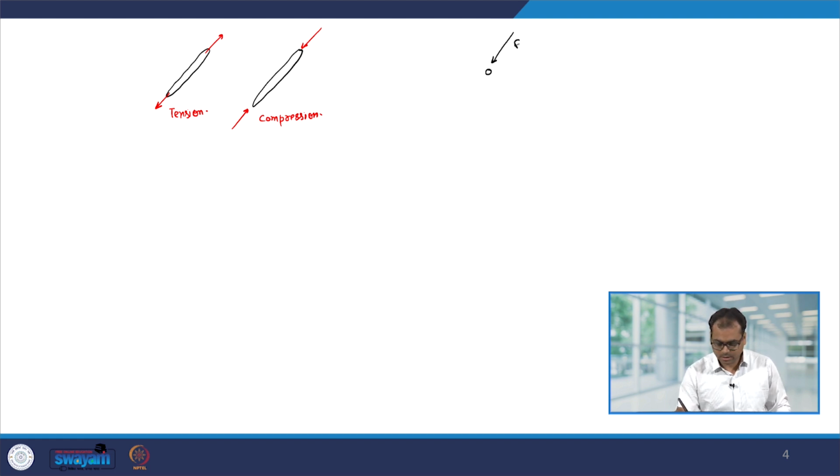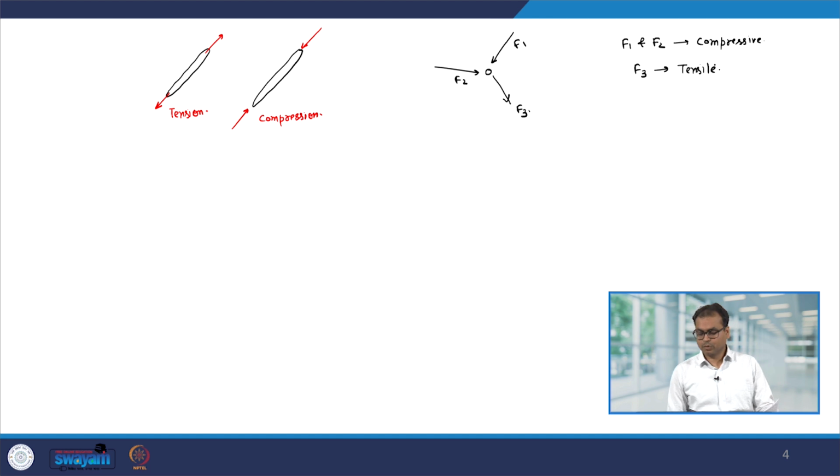Let us say this is force 1, this is force 2 and then I have force 3. Then you can see that forces F1 and F2 are pushing the pin, so it will be a compressive force, and force 3 is the tensile force, or tension force, whatever you want to call it.